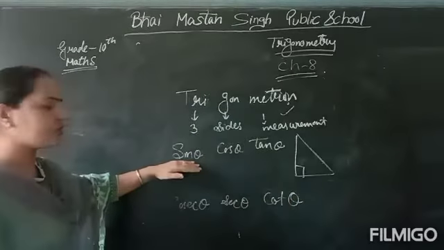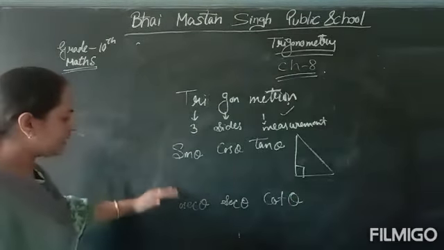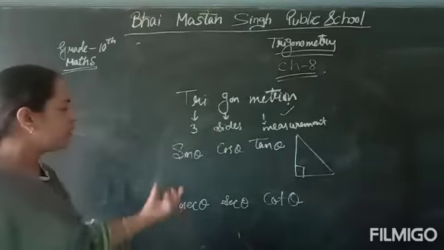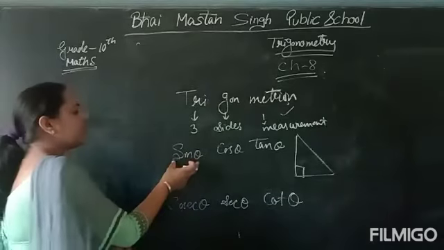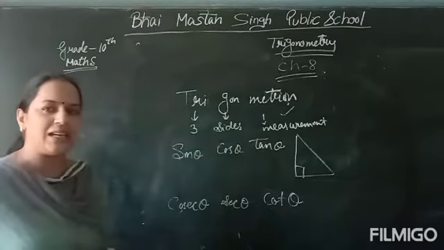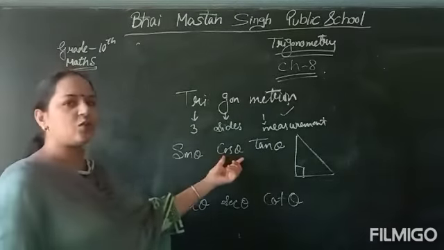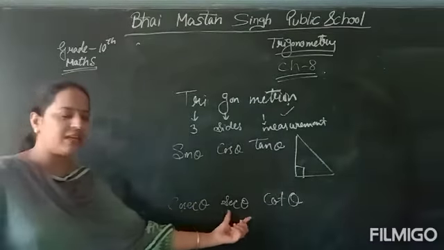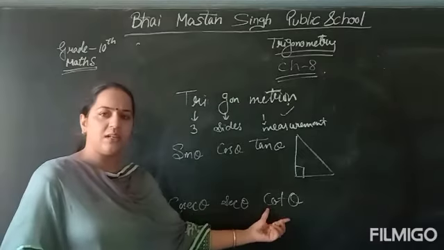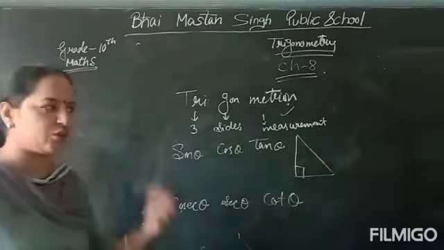The basic ratios are sine, cos and tan, and these are the reciprocals of them. The proper names of these ratios are sine, cosine, tangent, cosecant, secant and cotangent.